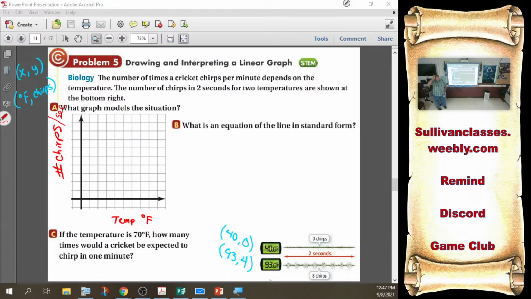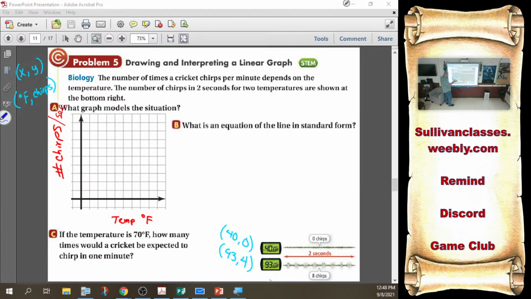If I got 2 points, what can I do with 2 points? I can plot them on the graph. I can also make an equation. Find the slope. Well, maybe we should just plot the points on here beforehand.